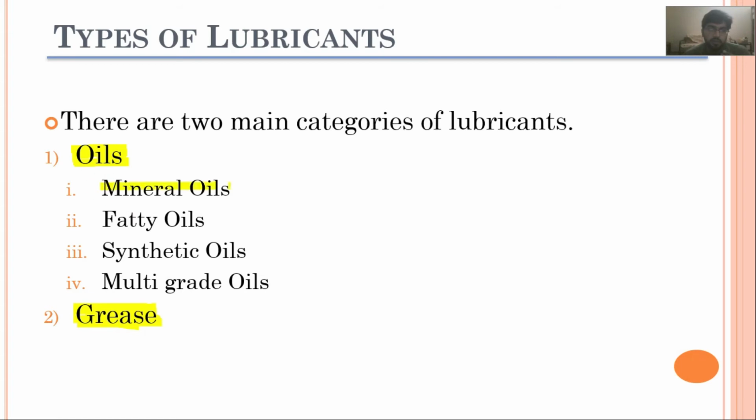Like we have mineral oils, which are extracted and refined from petroleum, from the crude oil. Then we have the fatty oils. These fatty oils are made from different plants and different animals. Then we have synthetic oils. These are man-made oils, where additives are added to mineral and fatty oils to obtain the desired properties, and that's why they are called synthetic oils.